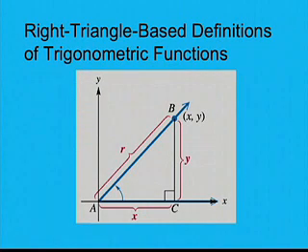Using this triangle, we have an angle in standard position. We have our values x, y, which represent the point xy on the terminal side, and we have the hypotenuse of the right triangle as r, the distance from the origin to the point xy.